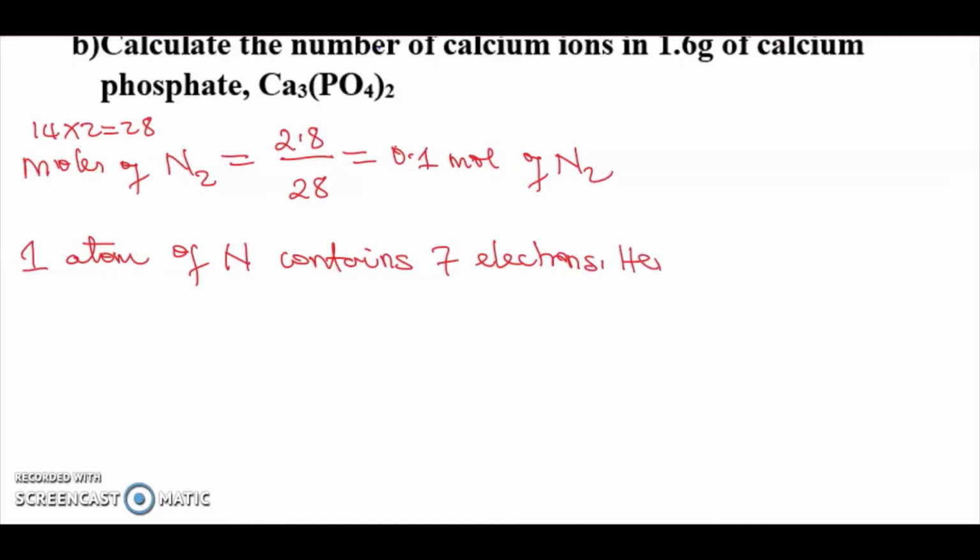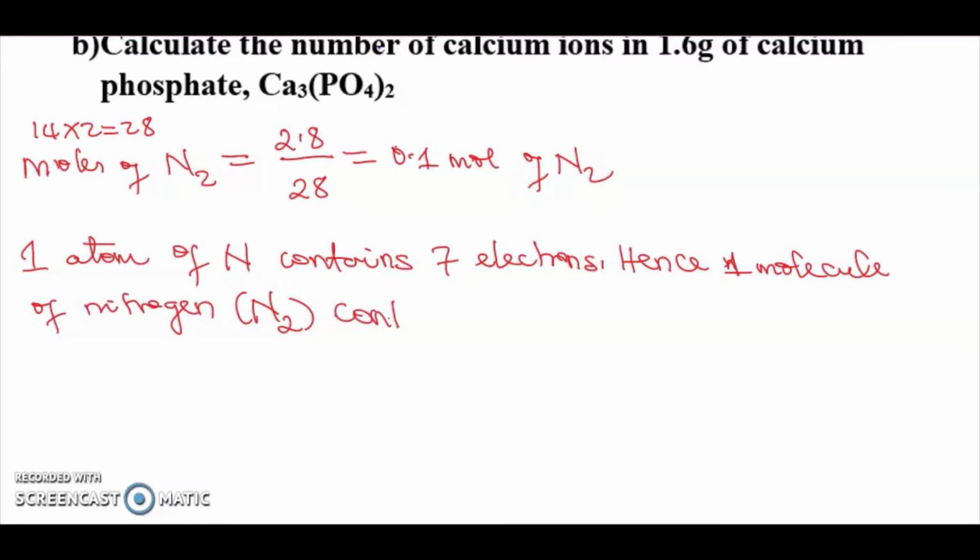Hence, one molecule of nitrogen, that is N2, that is a molecule of nitrogen, contains 14 electrons.